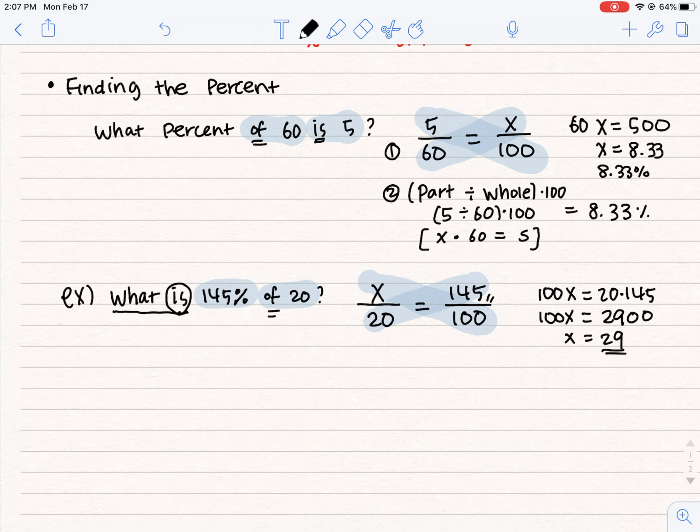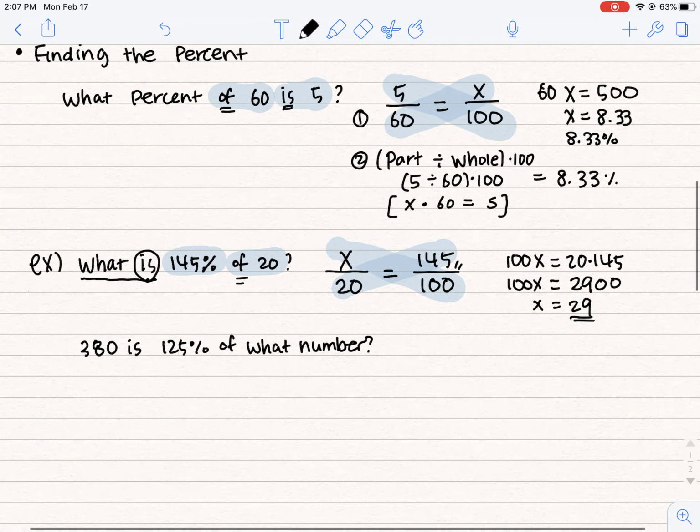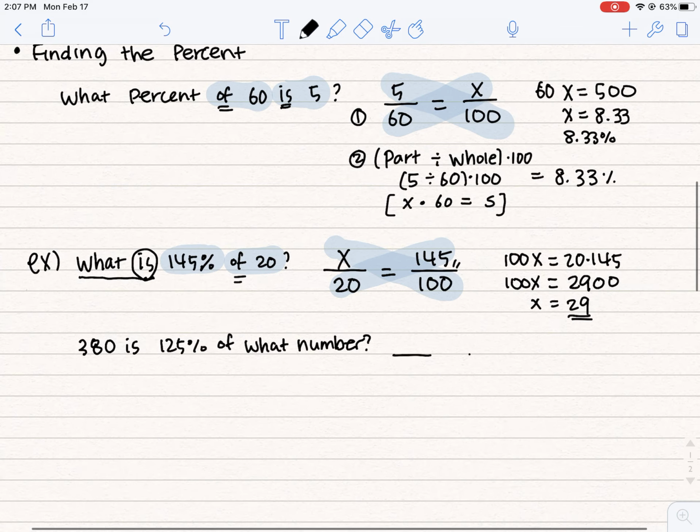Or you may have questions like this. 380 is 125% of what number? Okay, so again, I am going to look for clues. 100 is always going to be on the bottom.